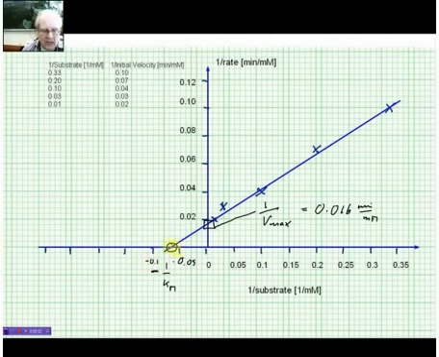And again, not terribly easy to read that. And the gradient here would give us Km over Vmax. Now notice it is not Vmax over Km, which we usually want to find out. It is Km over Vmax.